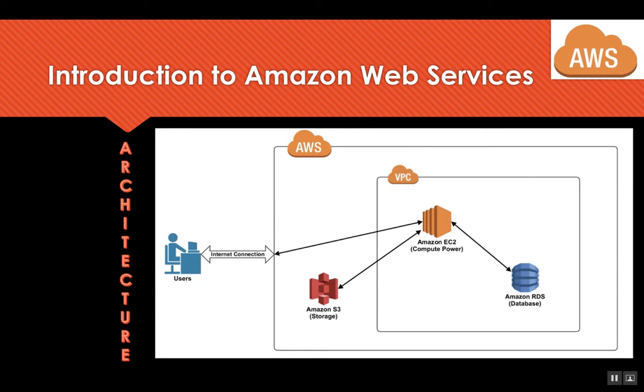Now, this architecture that you see here is the most simplified one that you're going to find on Amazon's website or on Google Images or anywhere that you search about AWS. This architecture is made showing you only the major services that are offered by Amazon, but that's not all Amazon Web Services is actually comprising of.